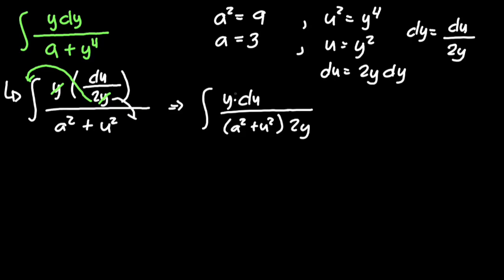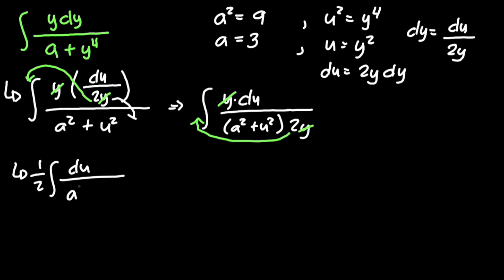Now, y and y here would cancel each other out, and you can bring 2 outside, so it will become 1 half the integral of du over a squared plus u squared.